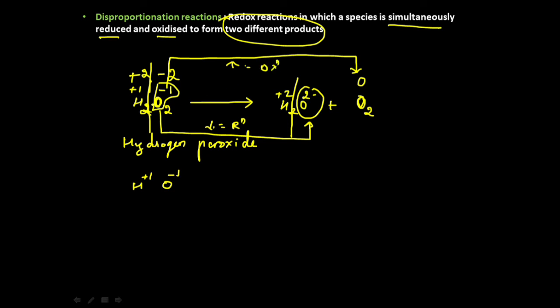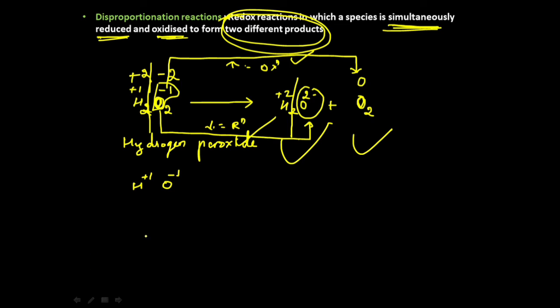So the same oxygen atom undergoes both reduction as well as oxidation, simultaneously, to form two different products. Such reactions are nothing but disproportionation reactions.